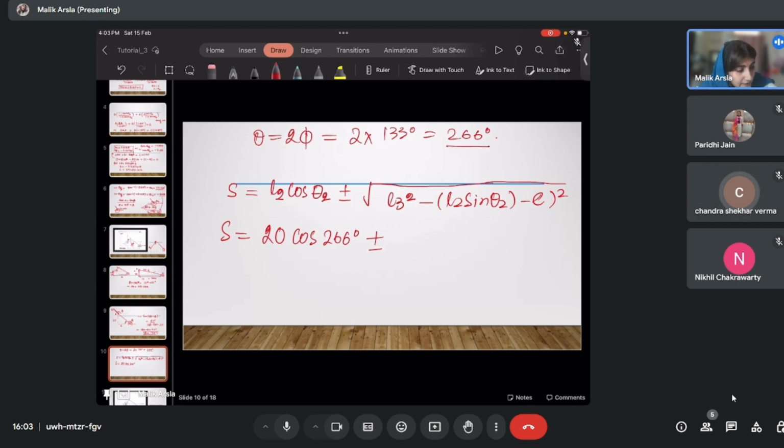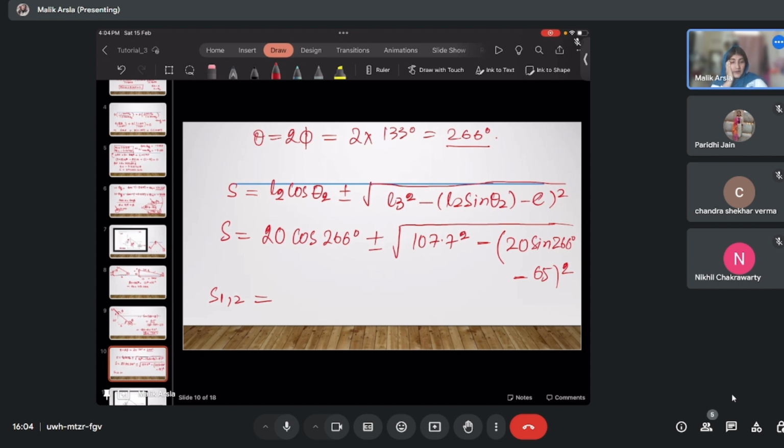Then plus minus under root of L3, where L3 will be AB, so 107.7 squared minus (20 sin of 266 degrees minus E, 65) whole squared. So you will get two values of S from here. Calculate this equation and tell me what you are getting.